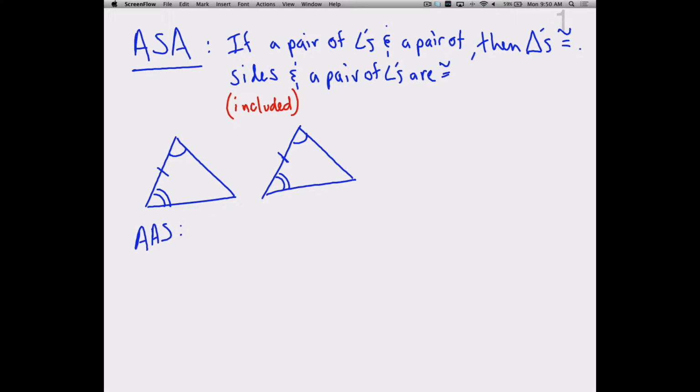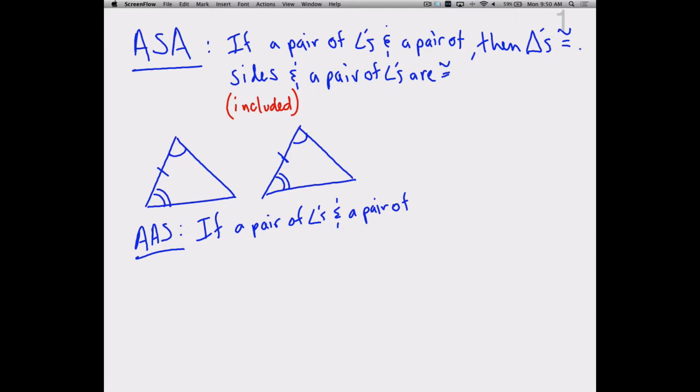Next on the agenda, angle, angle, side. What is it, Ashley? If a pair of angles and a side... What kind of sides?